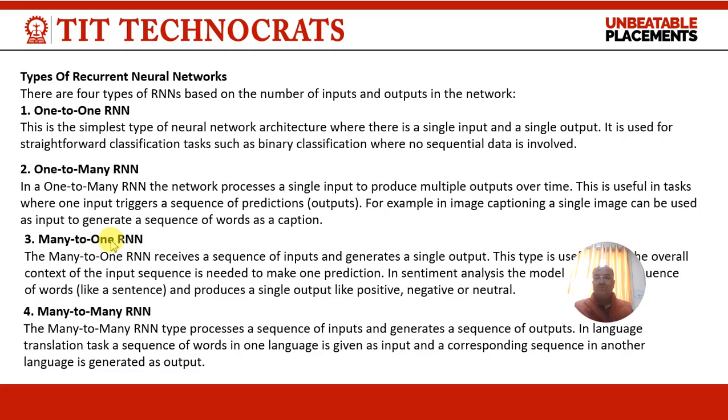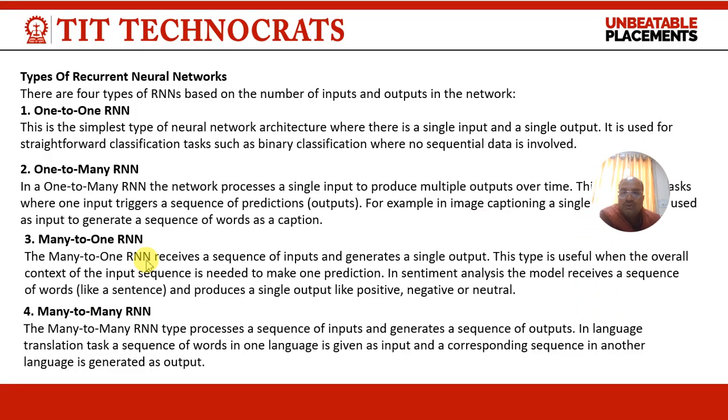This is used for sentiment analysis, like whether the sentiment is positive, negative, or other. The last is many to many RNN. This architecture is mainly used in machine translation. So Google Translator also uses this RNN architecture.